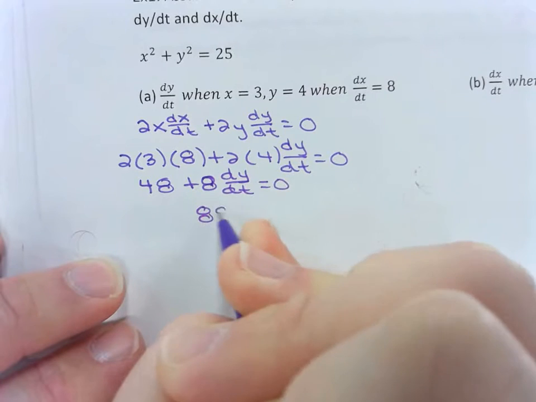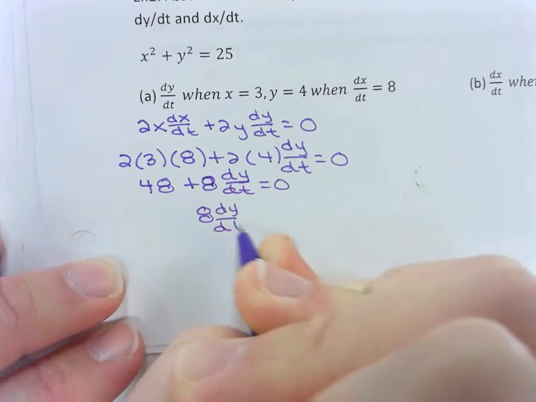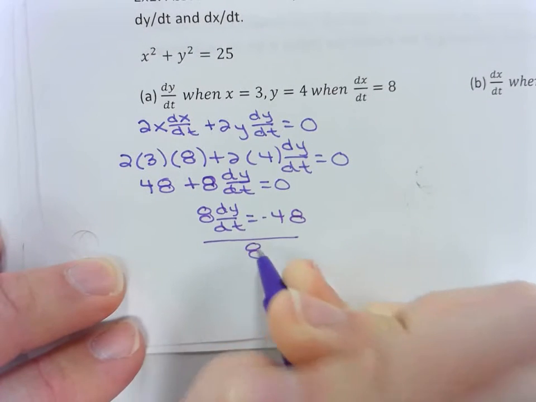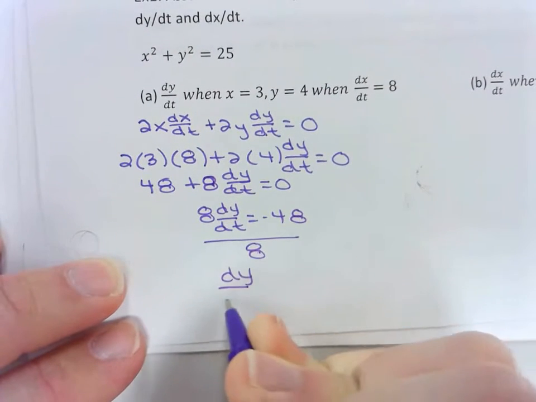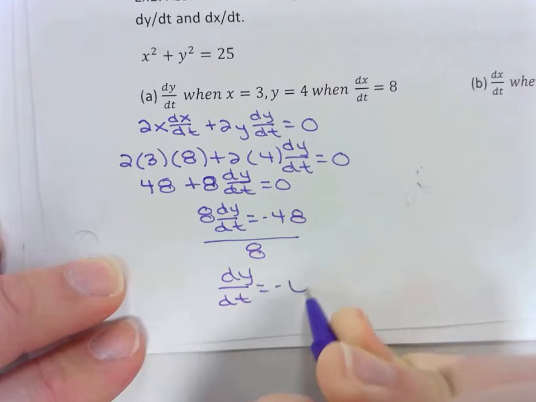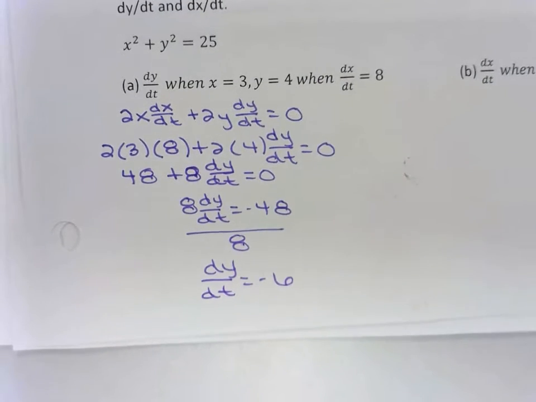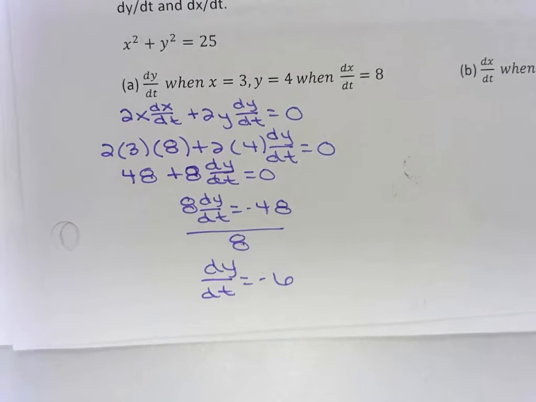So 8 dy dt equals negative 48. Divide by 8, dy dt is negative 6. So that's all for that one. Not too complicated, not really a story problem yet, just taking the derivative and plugging stuff in.